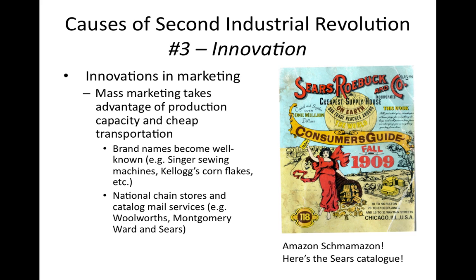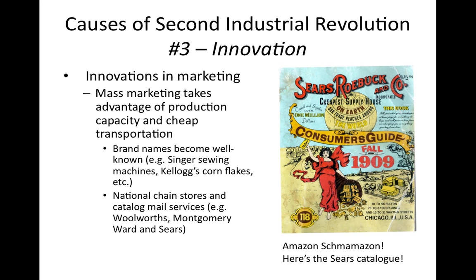You had Sears, you had Montgomery Ward, you had Woolworths. These were national catalog services and chain stores that are becoming big during this time period. You have national brand names that are becoming well known now.